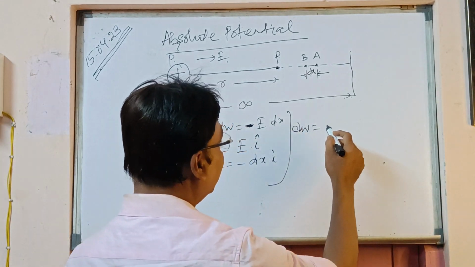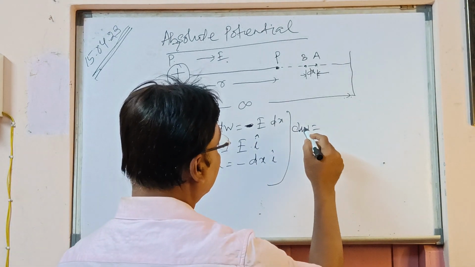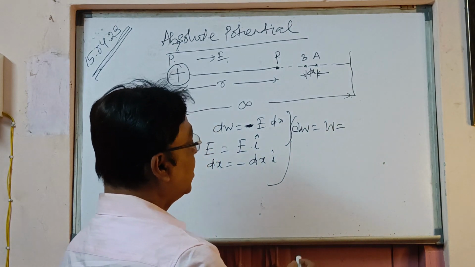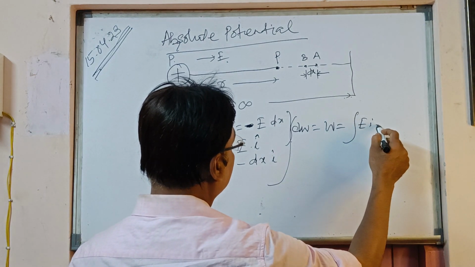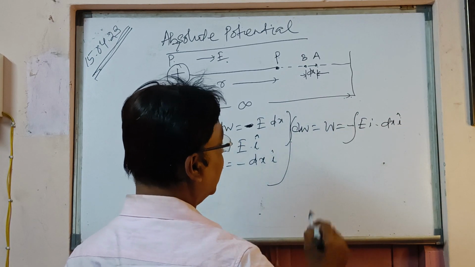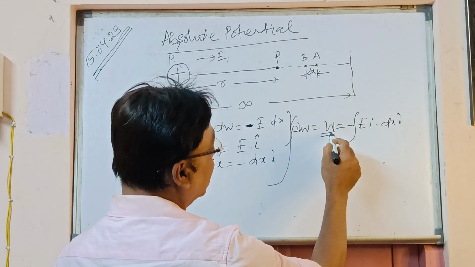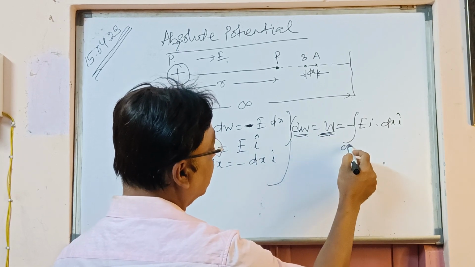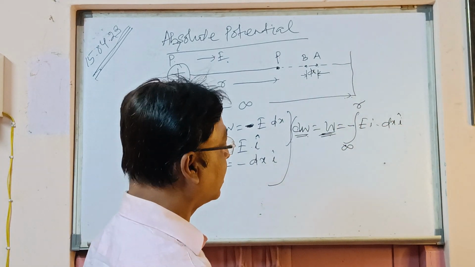Now we will take the limit from infinity to R. So the integration of dW is equal to W, which is nothing but E I dx, with the minus coming out, and the limit is from infinity to R.